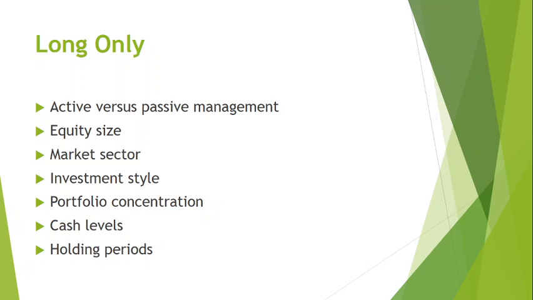However, beyond this, there is a huge range of strategies investors can use, such as active versus passive management, equity size, small cap versus large cap, market sector, resources versus industrials versus biotech, etc.